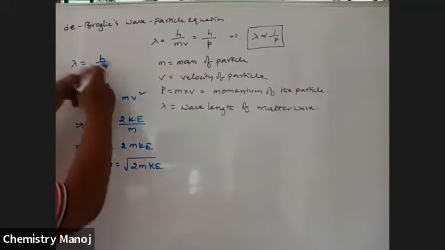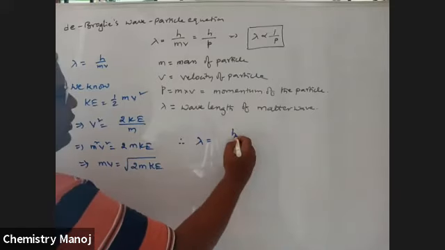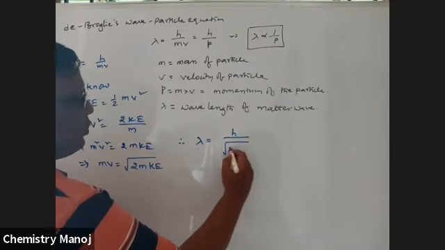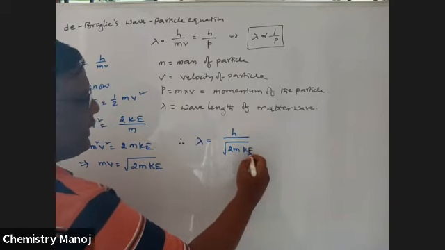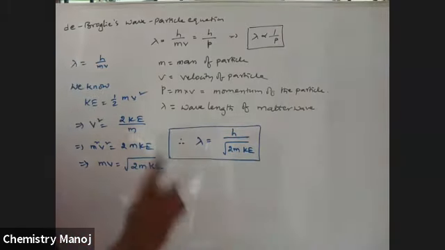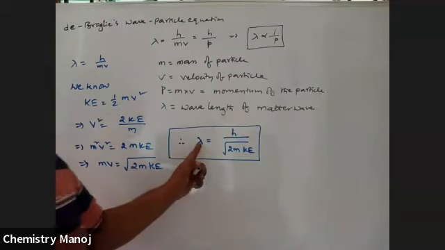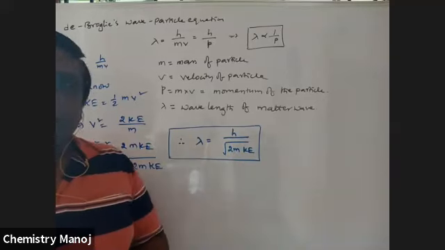Substitute this mv value here. Therefore, lambda is equal to h by root 2m KE. It is the most important formula. When the kinetic energy of a particle having certain mass m is given to you, the wavelength is calculated using the formula lambda equal to h by under root 2m KE.